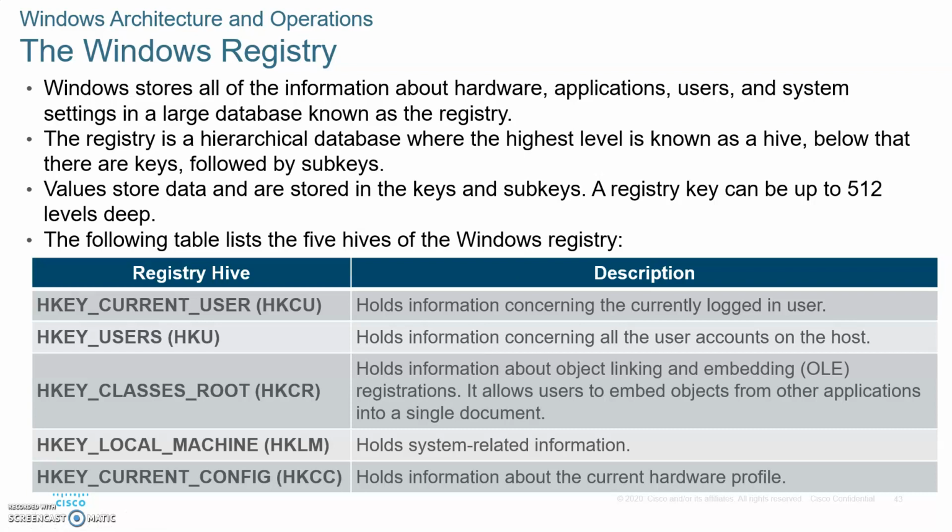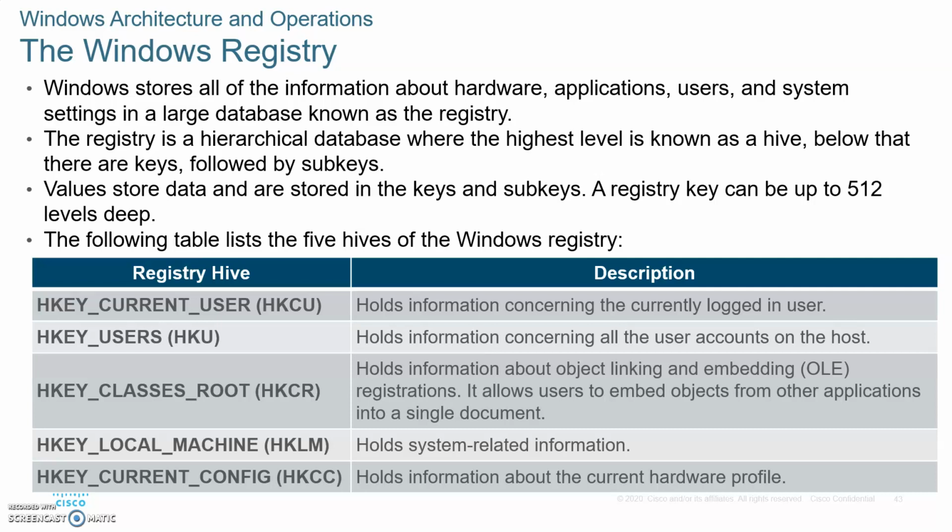The Windows registry, like I said earlier: Windows stores all the information of the hardware, applications, users, and system settings in a large database known as the registry. Please take a picture of this and know the different types of keys and the subkeys in each one of them. You should not make any changes to the registry if you're not an expert, because you can make your computer act funny later on.